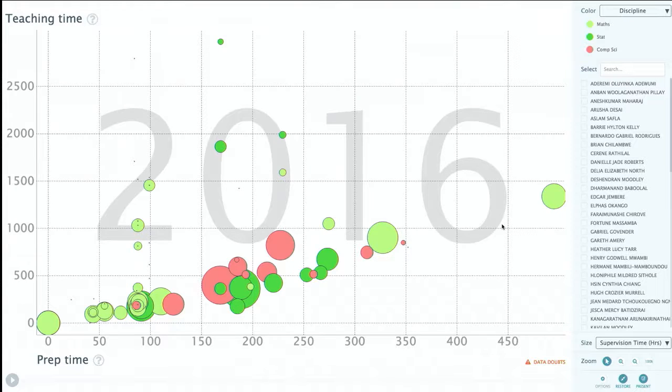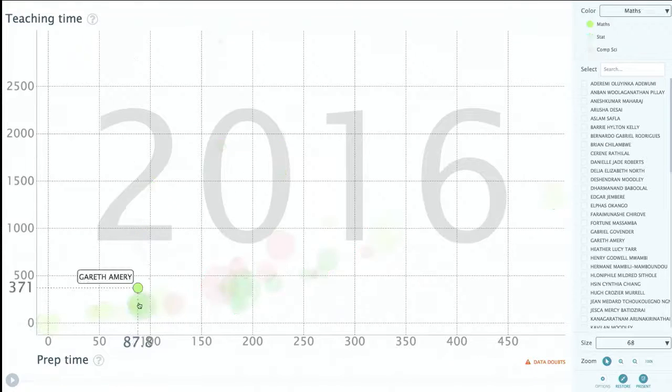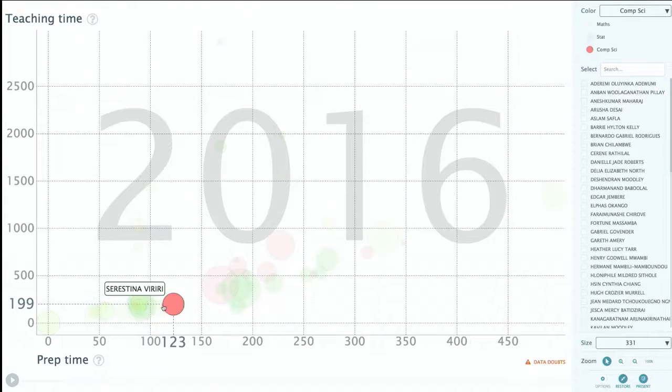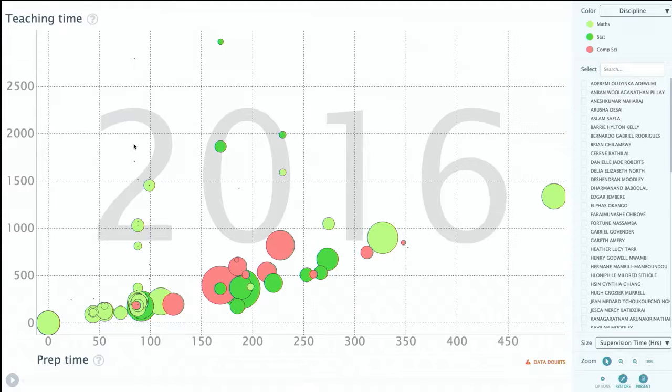Can you please show us some discoveries that you found in the software? Can you please show the bubbles and particular things that you found, your aha moments? Yes, what I was particularly interested in is that I can now instantly look at this and see, for example, that the computer science, the orange bubbles, are pretty much in the middle, so their preparation time is not extremely high or extremely low.